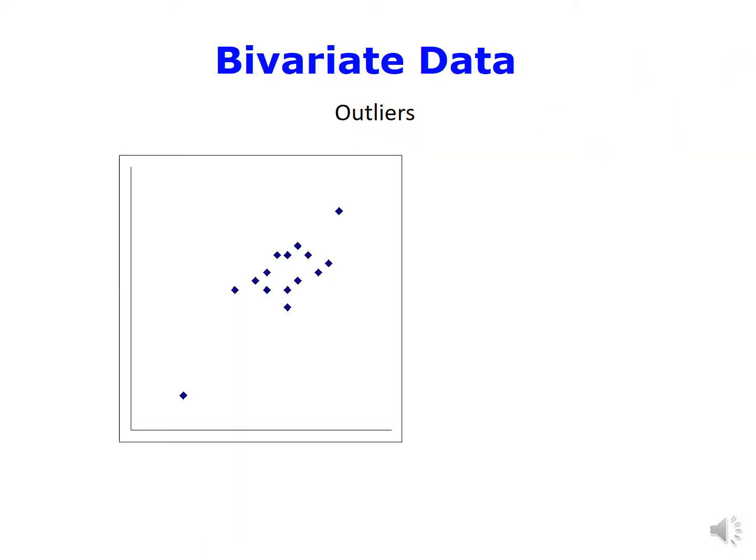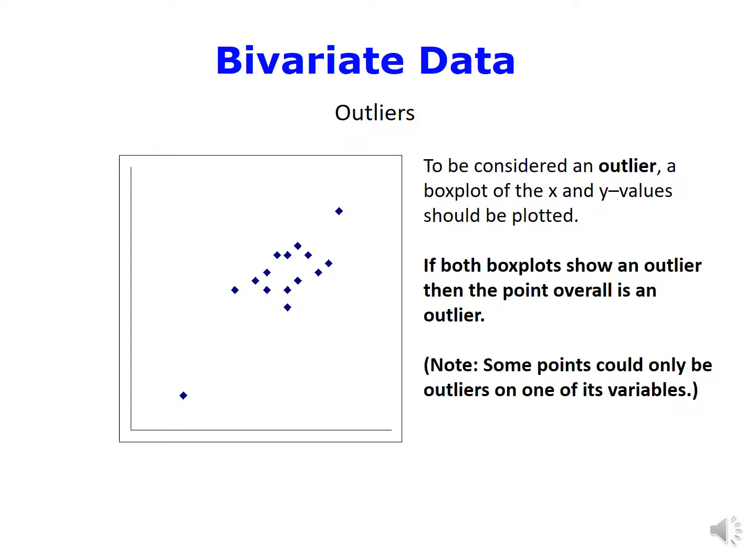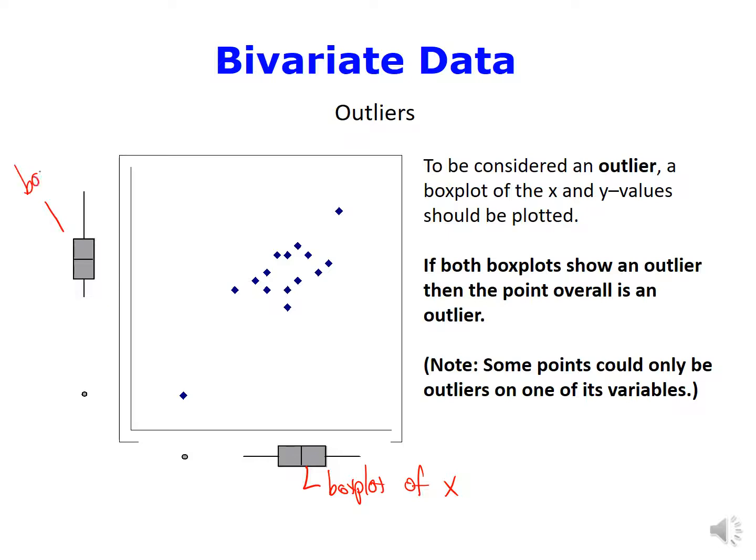So outliers, when we have bivariate data, we only call a point an outlier if it's an outlier on x and y. So here on the bottom, this is a box plot of just the x values, and this is a box plot of just the y values.